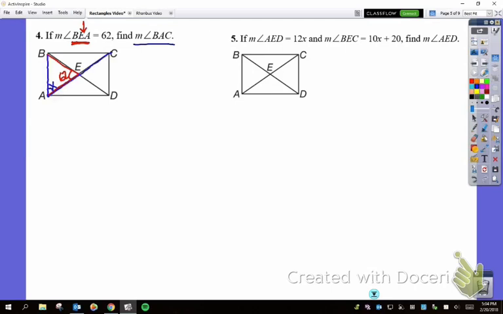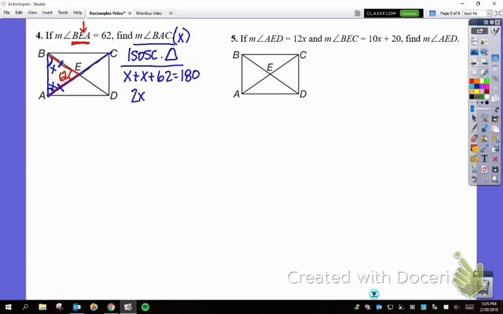This angle, I'm going to call that angle X. Now this is using our isosceles triangles that we talked about earlier when we talked about our properties. So what we're looking at here is we know that this side and this side are equal, which means this angle is equal to this angle X. Now if you remember, we know that there's 180 degrees in a triangle, so we could say X plus X plus 62 equals 180.